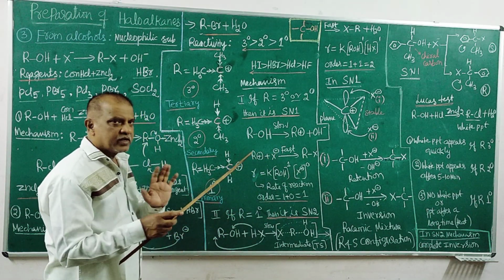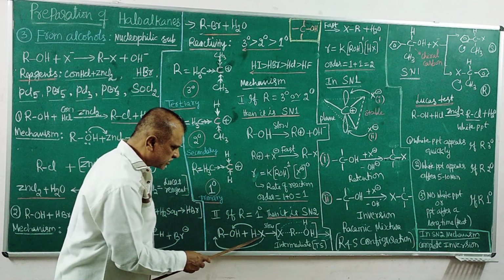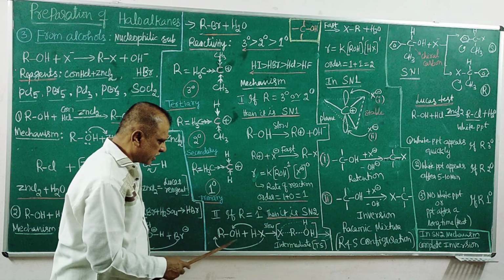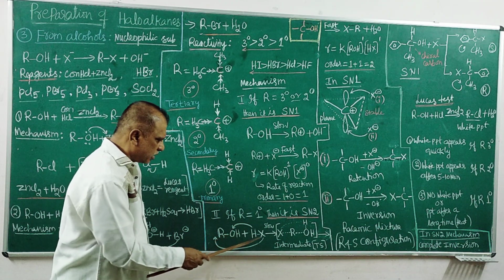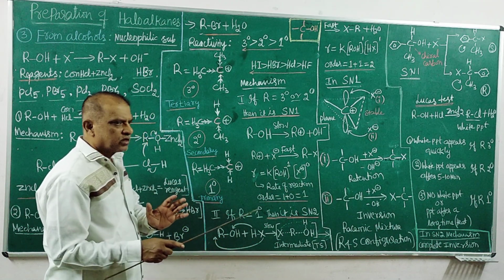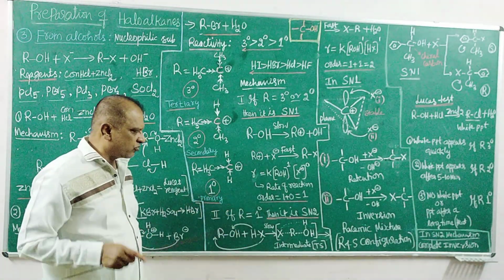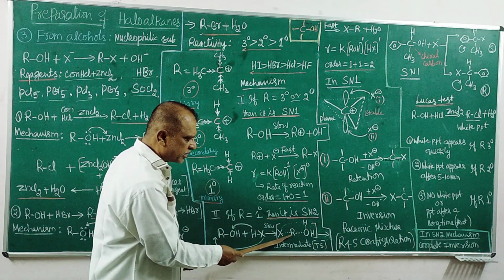It is simultaneous. There is simultaneous breaking of chemical bonds in this reactant and in this reactant. This chemical bond is breaking. This H is forming a new chemical bond with O, and this X is forming a new chemical bond with R. Simultaneous bond breaking and simultaneous new bond formation. As a result, we get a compound like this, a complex intermediate.